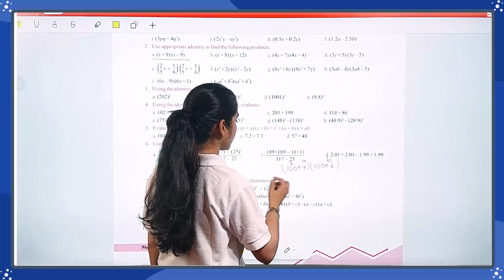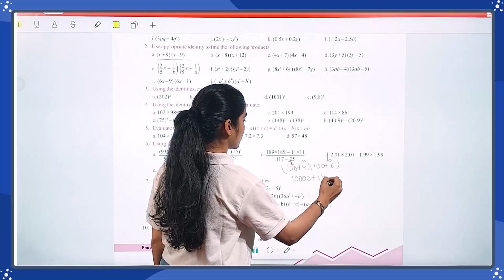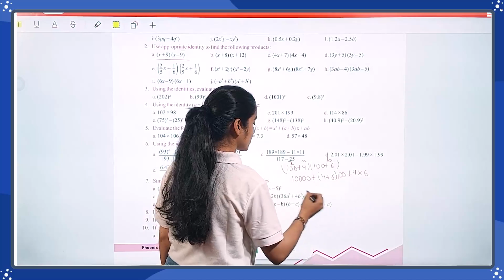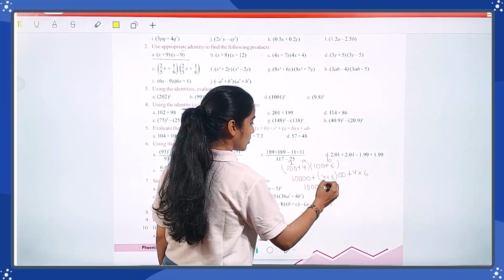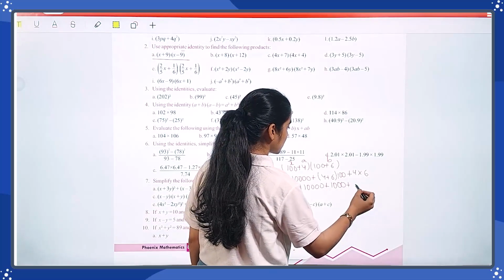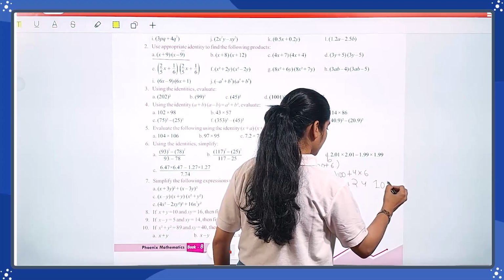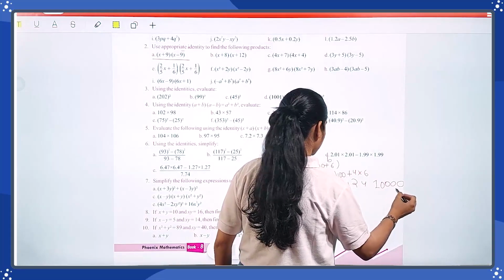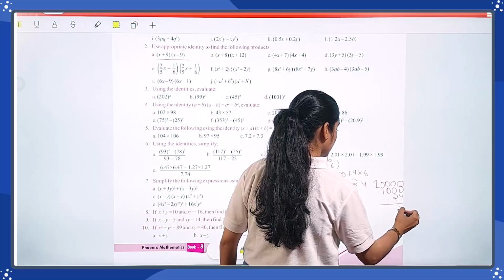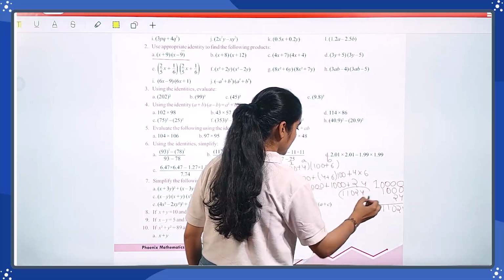Now you have to calculate. x square is 10,000, plus (4 + 6) multiplied by 100, plus 4 multiplied by 6. 4 plus 6 is 10, 10 multiplied by 100 is 1,000, and 4 times 6 is 24. 10,000 plus 1,000 is 11,000, so 11,024 is your final answer.